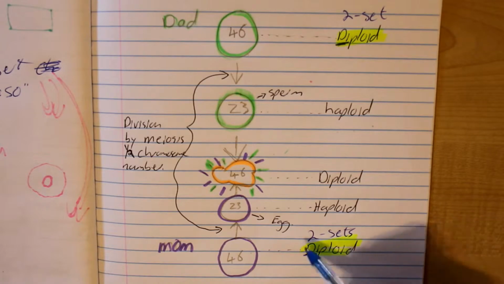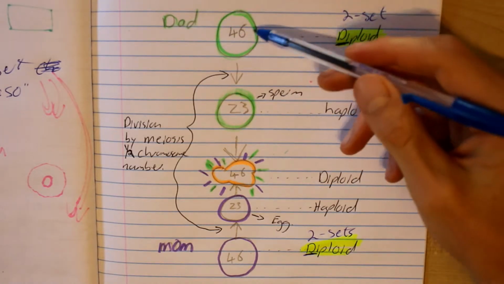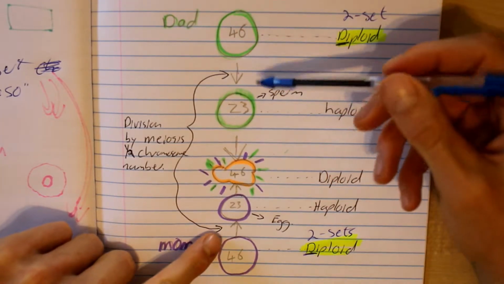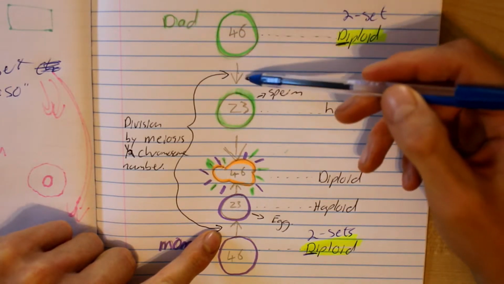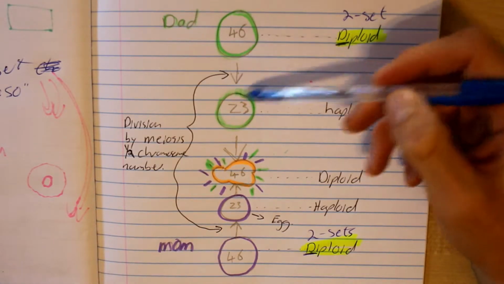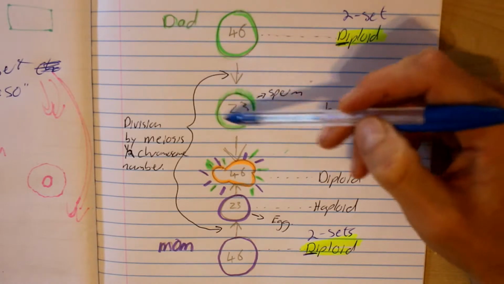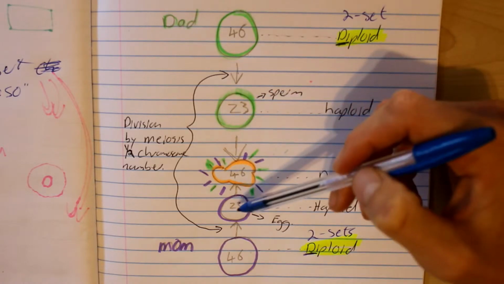Two sets, diploid. So these cells with two sets of information divide through the process of meiosis, which means that the genetic information gets split into half the amount of genetic information. So two sets here get split into one set of genetic information, and this is how gametes are formed.